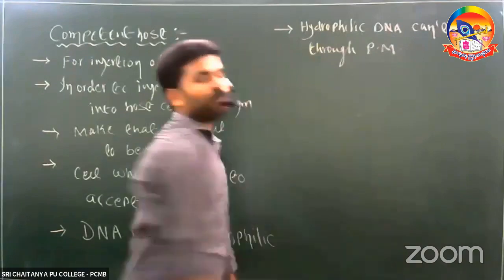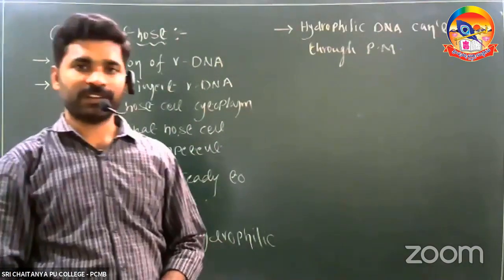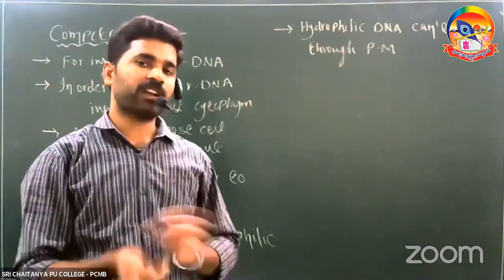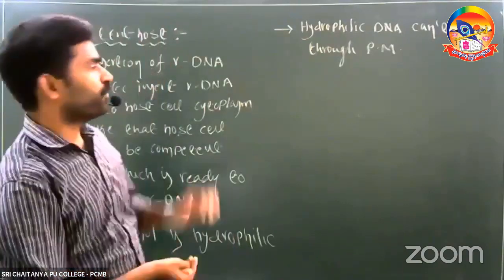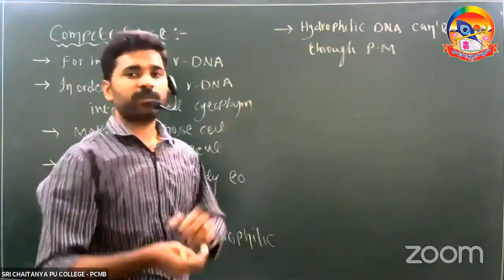Why? Because the plasma membrane is a lipoproteinaceous layer. Is it hydrophilic or hydrophobic in nature? Hydrophobic in nature. So better to take a bacterial cell.